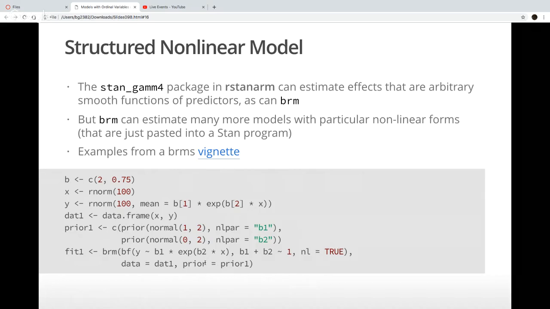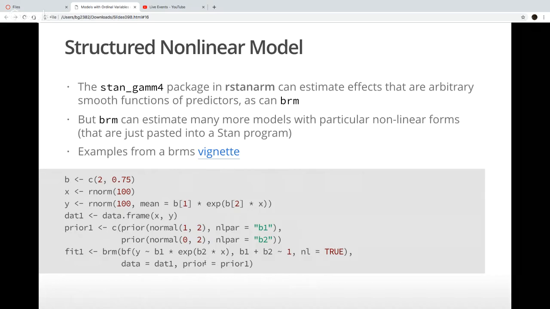You could certainly do that in brms as well, but with brm, it can basically take this piece and stick it directly into the Stan program to estimate these structured but nonlinear relationships between predictors and conditional means.